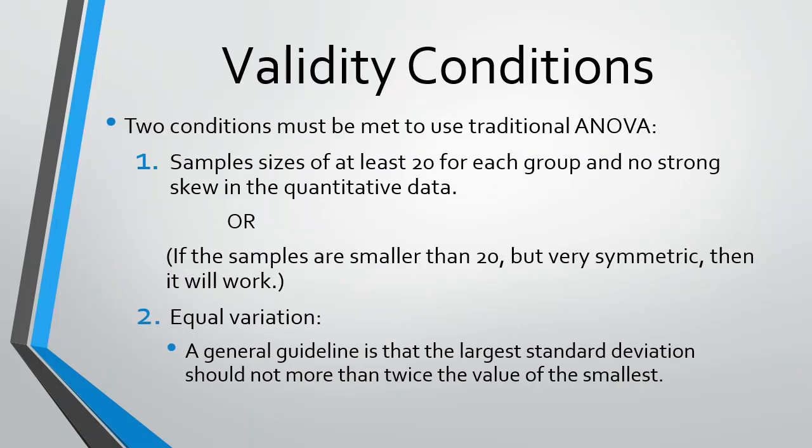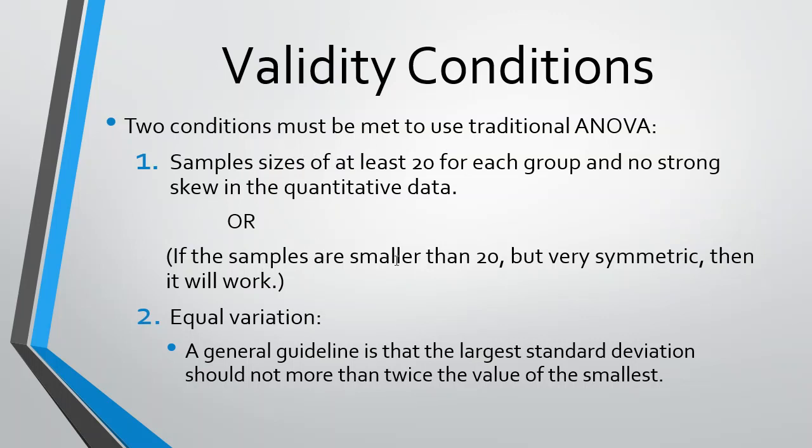There are validity conditions, because this is a theory-based test now. There's really two. One is the sample size, which we've seen before for quantitative data. You want to have a sample size of at least 20 in each group, and you don't want to have strong skew. Right? That's kind of the standard condition for quantitative data to do a theory-based test, but now there's more than one group, so you want that to be true for each group.